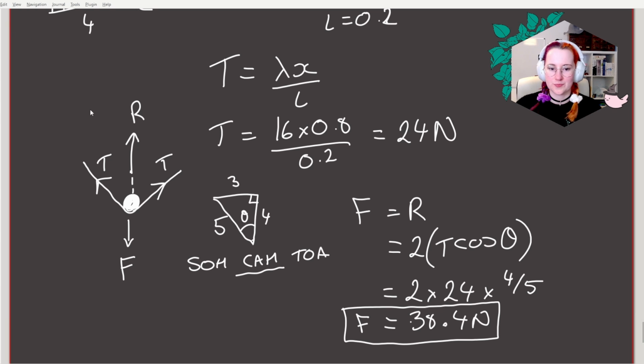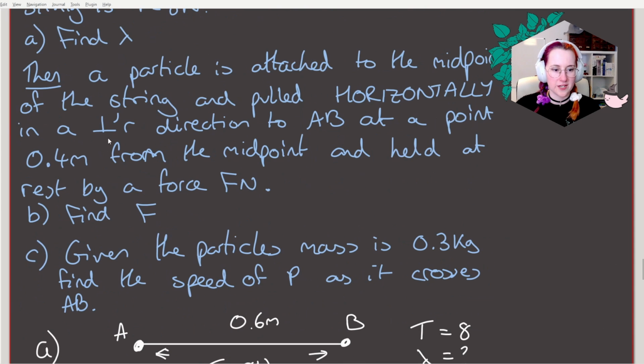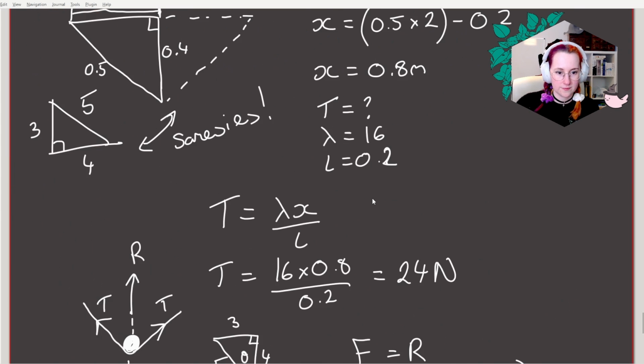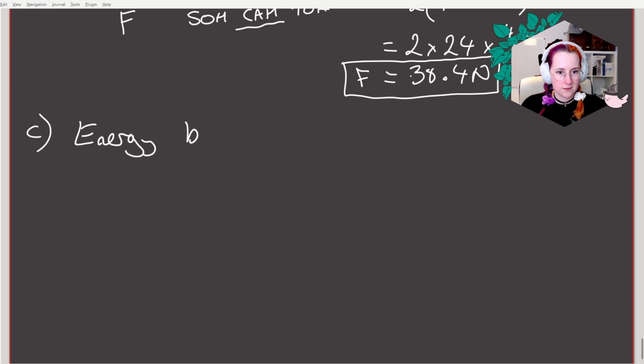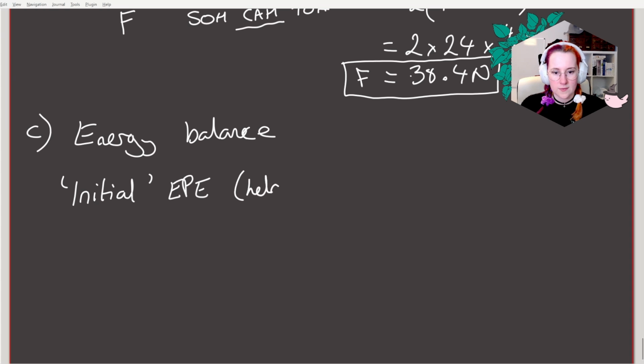So, final part of the question. Let's remind ourselves what it is. Given the particle's mass is 0.3 kilograms, find the speed of P as it crosses AB. So now we're going to do part C, an energy balance. We have some initial EPE. We're not worrying about the initial stretch, just that it's held at rest.